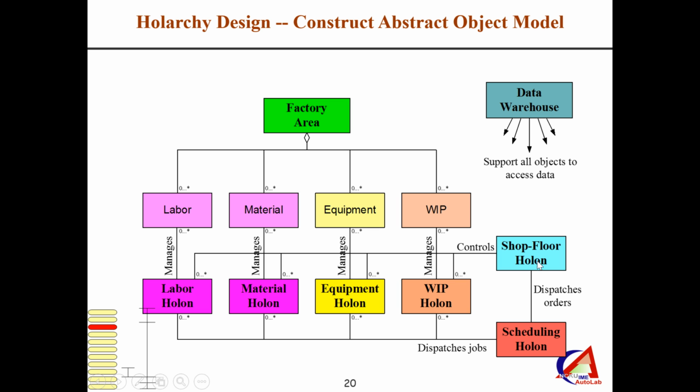And besides that, we will have a scheduling Holon. Then this will dispatch jobs to all the managers. So you see, the shop floor Holon will control those 4 managers, and shop floor Holon will dispatch orders to the scheduling Holon, and then the scheduling Holon will dispatch jobs to all the managers, and these managers will control their elements.